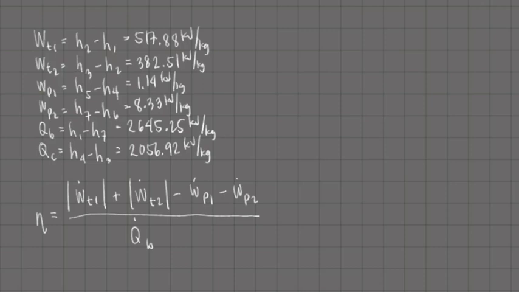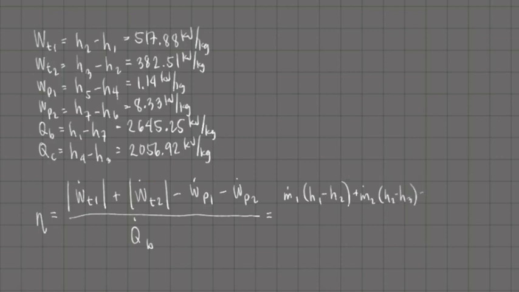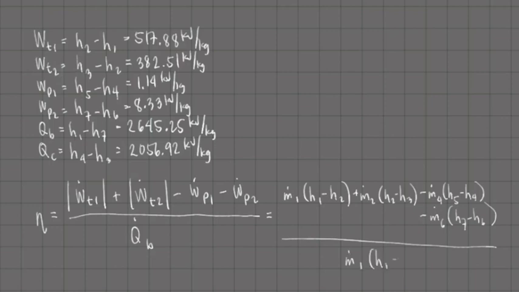Thus, our efficiency would have to be solved as mass flow rate of stream 1 times H1 minus H2 plus mass flow rate of stream 2 times H2 minus H3 minus the mass flow rate of stream 4 times H5 minus H4 minus the mass flow rate of stream 6 times H7 minus H6. And for our denominator, that is mass flow rate of stream 1 times H1 minus H7.